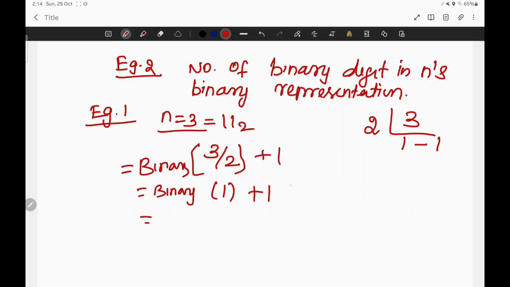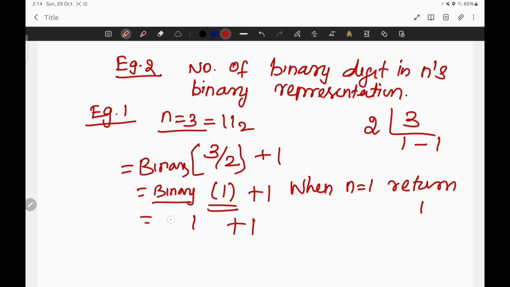So when n is equal to 1, what is the return value? 1. So there is no need to do any addition if the value of n is equal to 1. Therefore 1 plus 1 is equal to 2. So how many total digits are available in the conversion of 3 into binary? 1 1. So the total number of digits is 2.